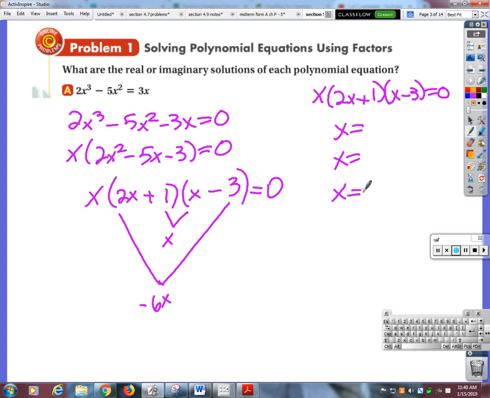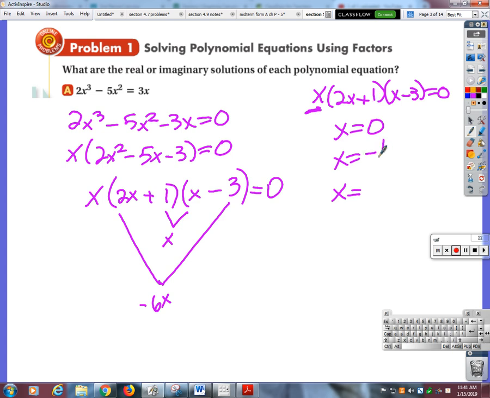What is one of them? 0, good. For this to equal 0, x has to equal 0. Close but not quite, because this 2 is there. If I plug a negative 1 into here, 2 times negative 1 is negative 2, plus 1 is negative 1, not 0. Chris?